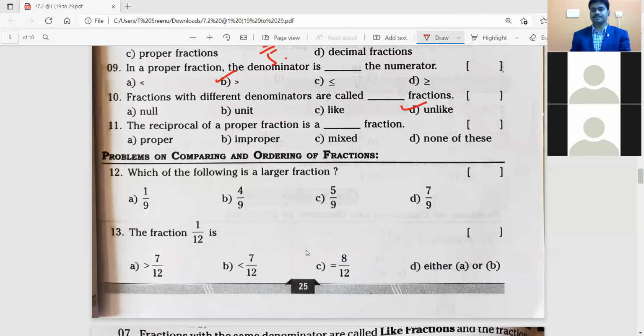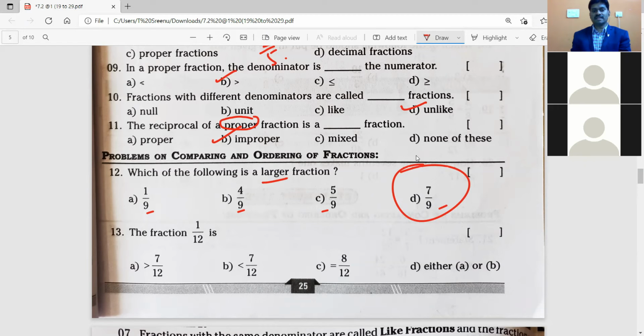Completed, no? Chaitanya, are you there? Yes, sir. Right. The reciprocal of a proper fraction is improper. Which of the following is larger? All same denominator. You can say this is larger.